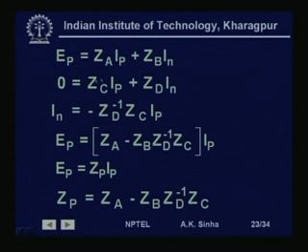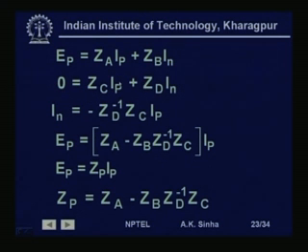Now, from this second equation, we can take this term to the other side, then we have In is equal to minus Zd inverse Zc into Ip. That is, In is here and we have taken this on this side. So, it is minus Zc Ip.